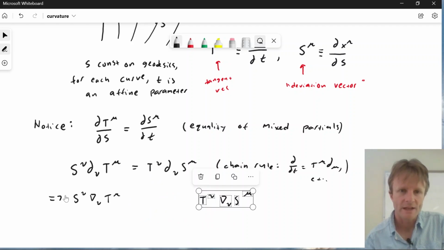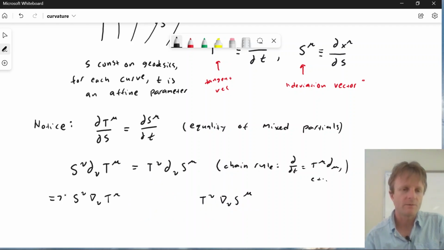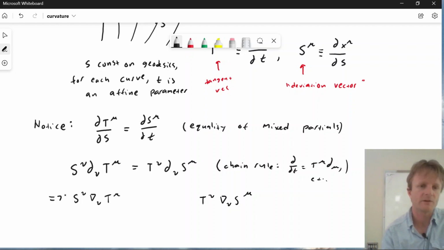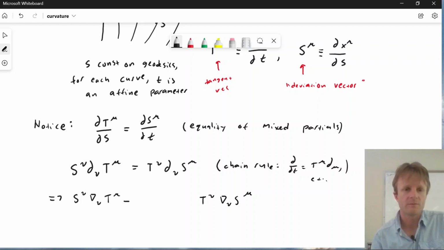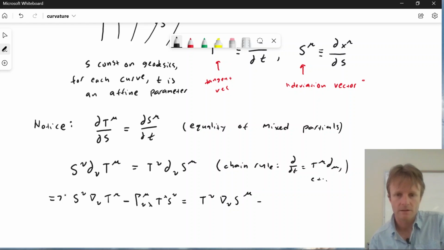Let's write out the corrections. So this thing with the covariant derivative would be the partial derivative plus some Christoffel. So to go the other way, we need to subtract out the Christoffel symbol thing. So this will be Gamma mu nu lambda t lambda s nu on the left-hand side, and on the right, it'll be Gamma mu nu lambda s lambda t nu.